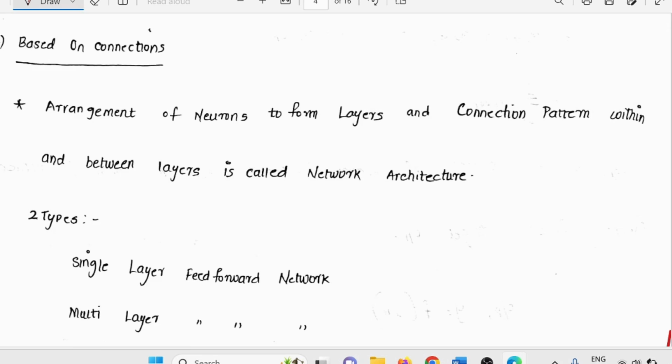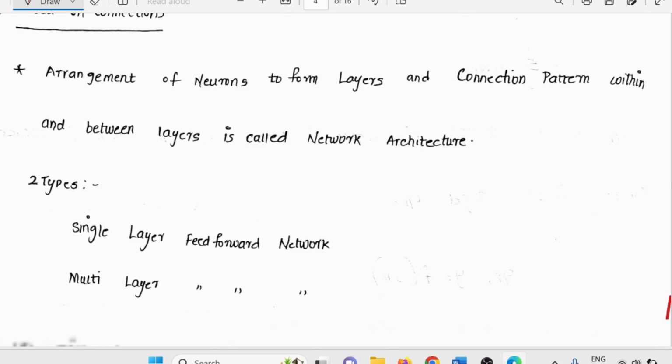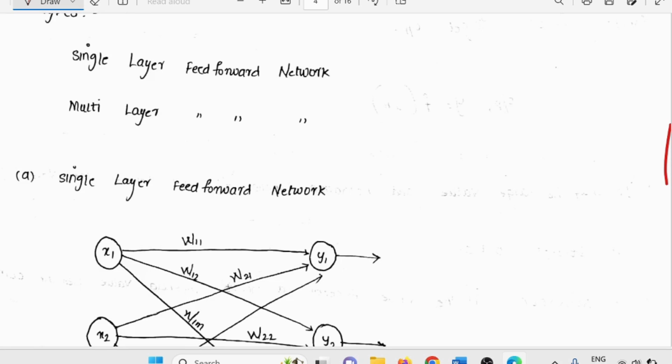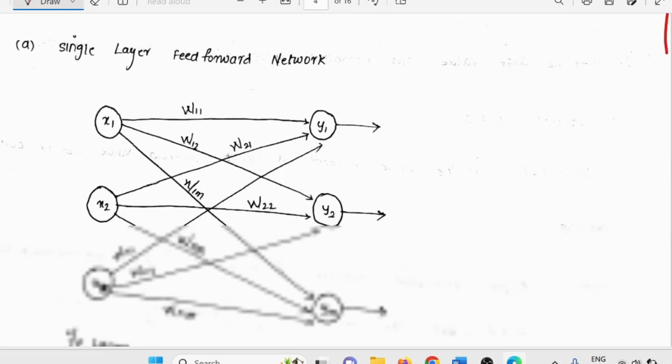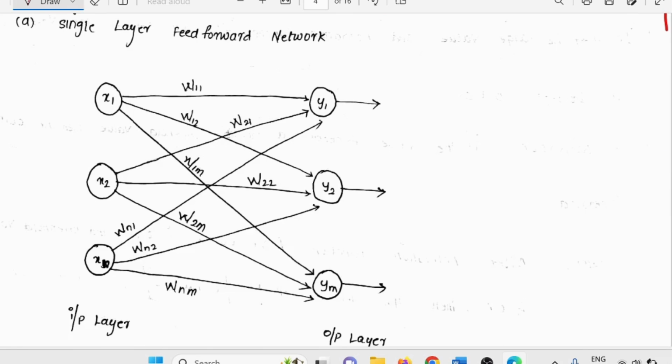So again, that is divided into 2 types. So that is single layer feed forward network and multi-layer feed forward network. In single layer feed forward network, we know that this is the input layer. So you have neurons starting from x1 up till xn. You can have n number of neurons, and also the output will have y1 to ym.